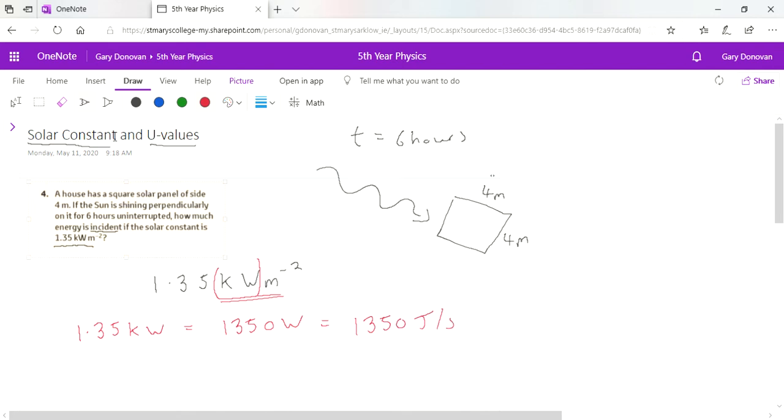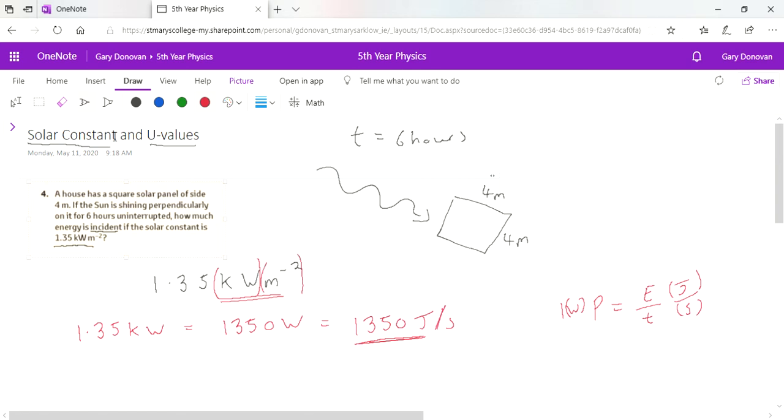Now, where did I get that joules per second from? Well, power is energy over time, which is joules per second. So 1 watt is 1 joule per second. That basically means 1,350 joules of energy is transferred every second. Now what's the last bit? Per meter squared.